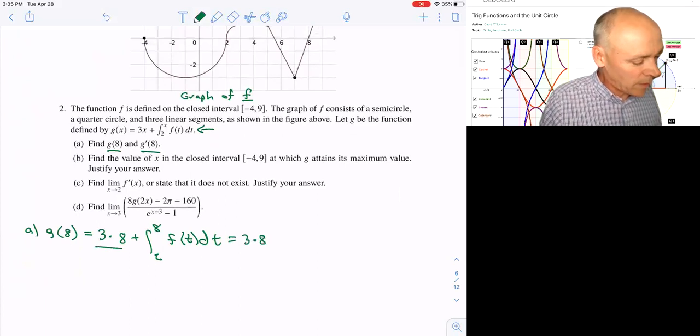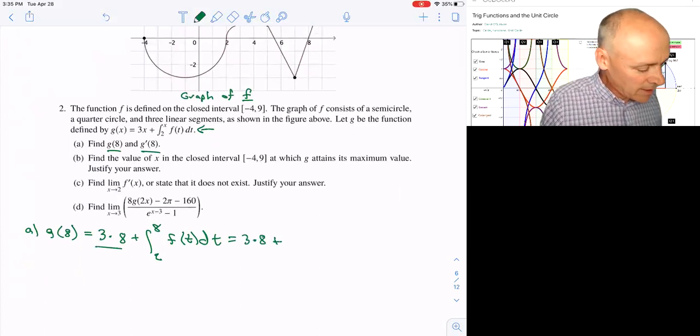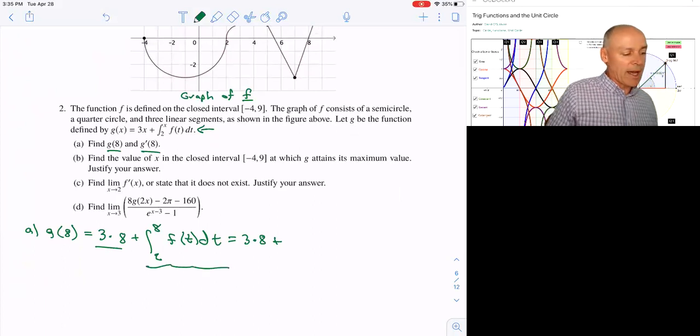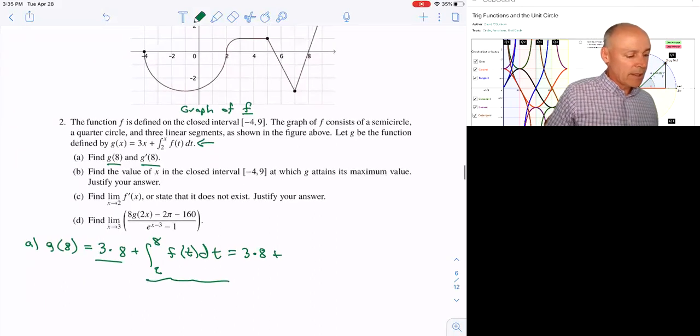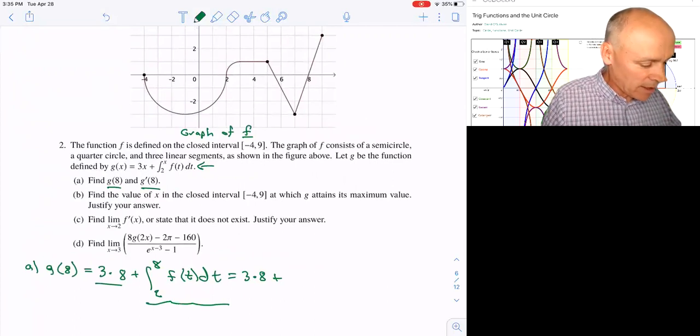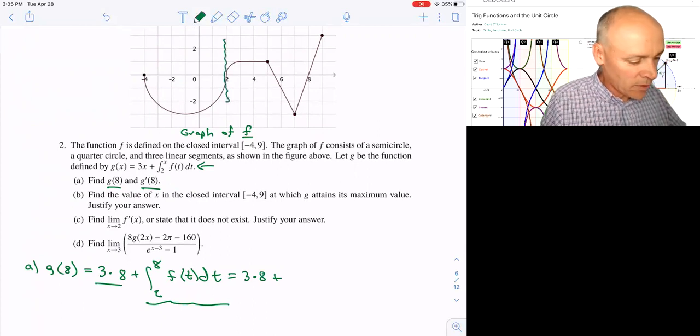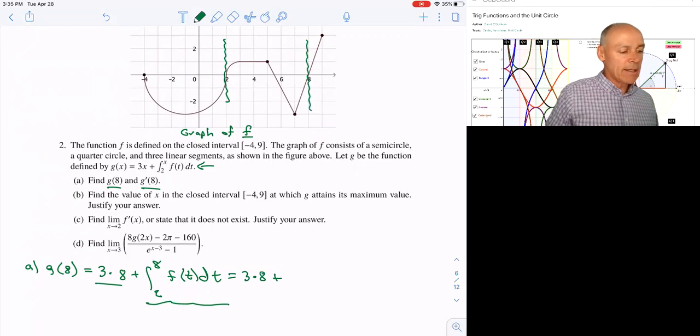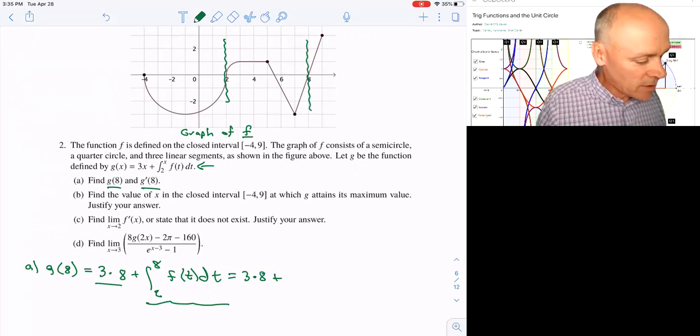Pretty sure that's 24, but I'm not sure. Plus, now this part I'm going to have to look at my graph. Okay, so I'm going from 2 to 8. So I'm really going to be interested in that quarter circle.